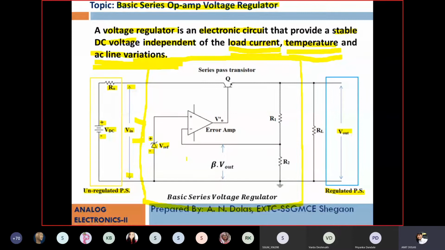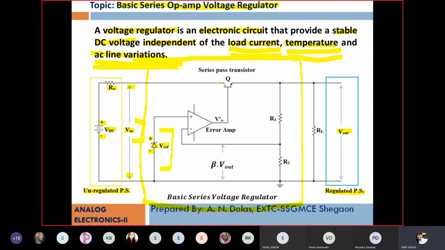Suppose we wanted to measure 1 kg of sugar, of course we need a balance, and we need a standard weight of 1 kg. Then we can easily weigh the sugar of 1 kg. So the reference generator is a standard component like a zener. We know whenever a zener is operated in reverse bias, its voltage across does not change. So it is a reference.